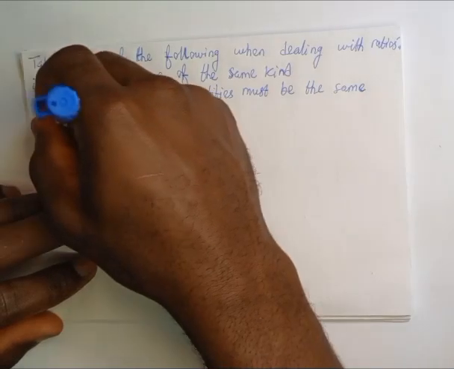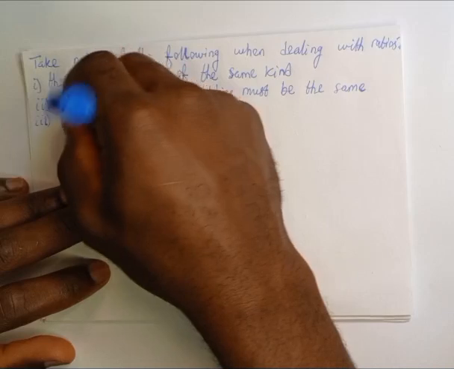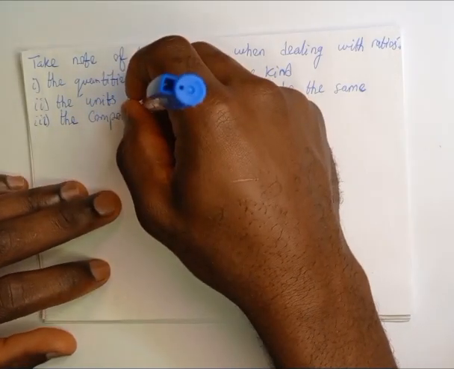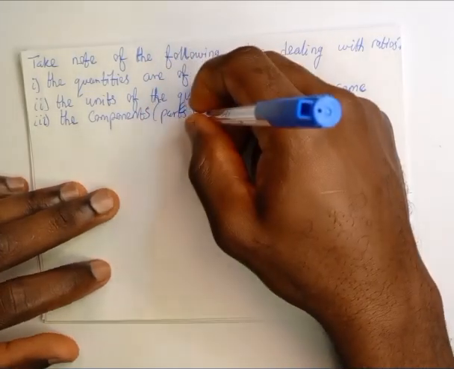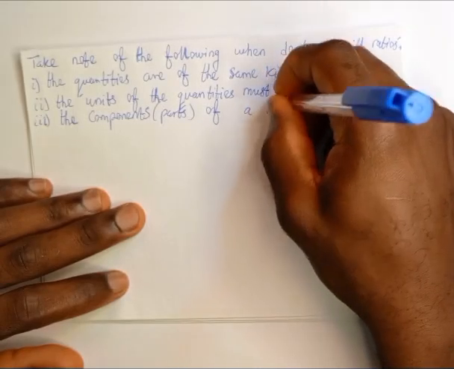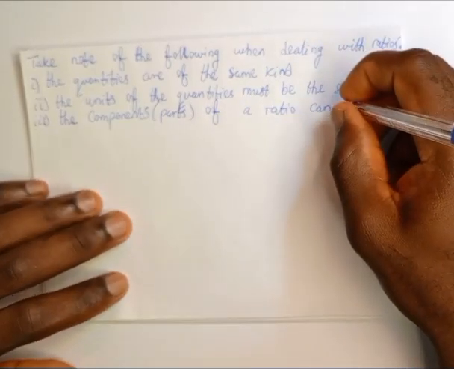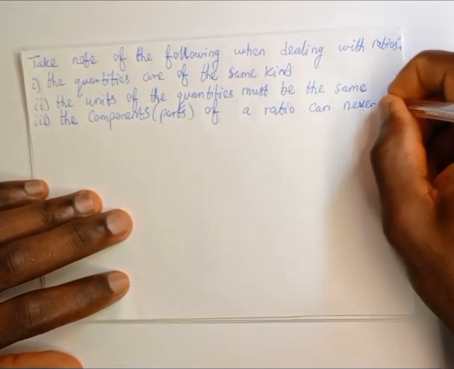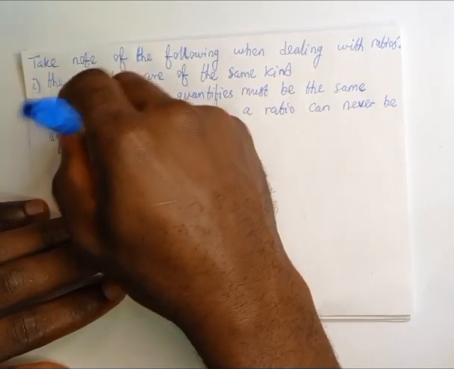3. The third one, the components, in brackets parts, the components or parts of a ratio can never be equal to 0.